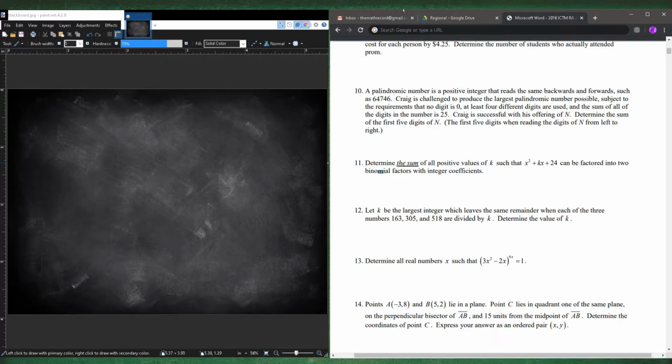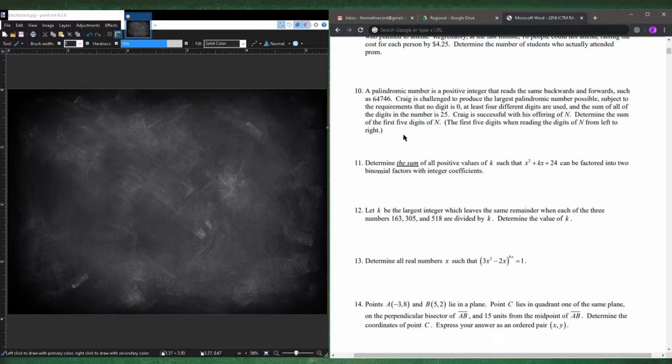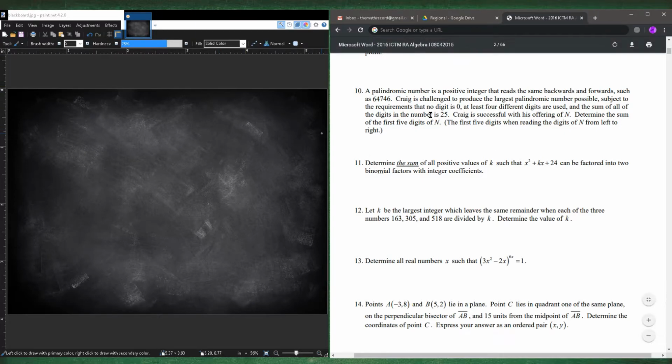Okay, so we need to make the largest palindrome using at least four different digits. There are no zeros, and the sum is 25. Since we know the sum is 25, let's give an example.